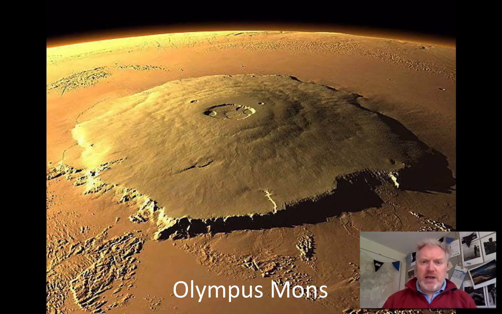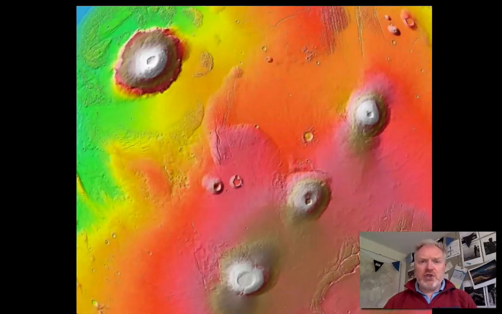Now, Olympus Mons is the biggest of these features, but it's not the only one. This is an extract of quite a detailed scan of the Martian surface. The different colours here represent different heights. We can see that Olympus Mons, which is the feature in the top left of this image, has similar patterns replicated in other places.